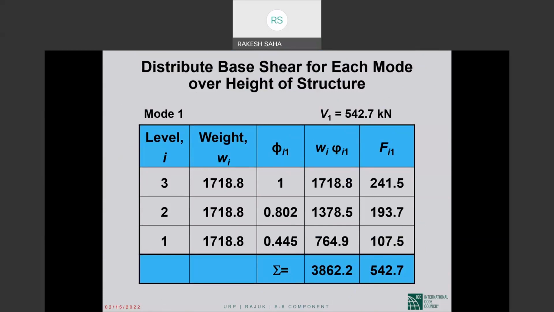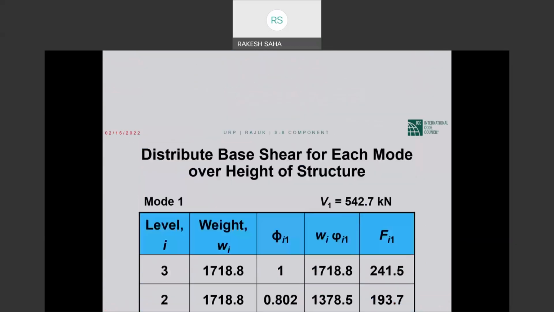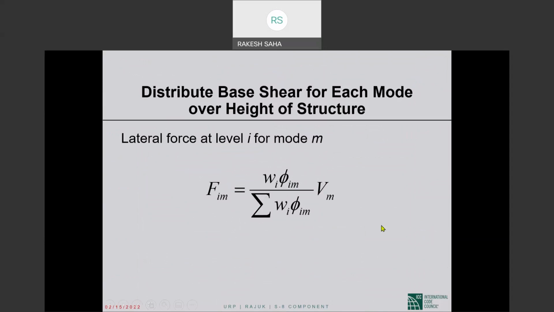That's the best way to say it. The first mode base shear of 542.7 kilonewtons is distributed along the height of the structure according to the first mode shape. And that's what we are trying to express by this expression.